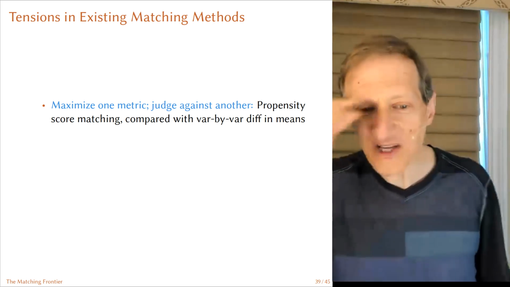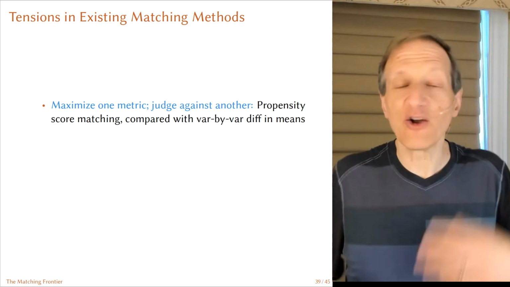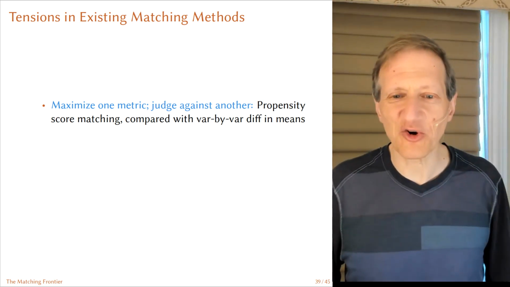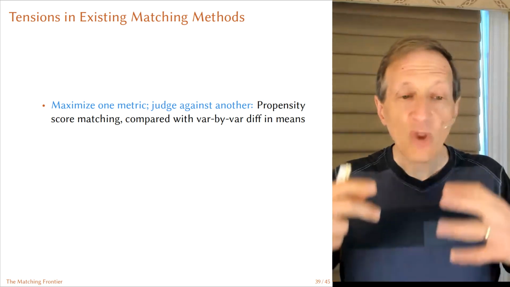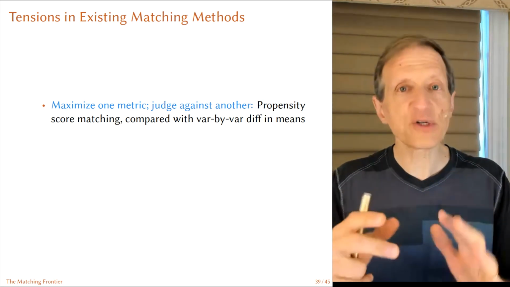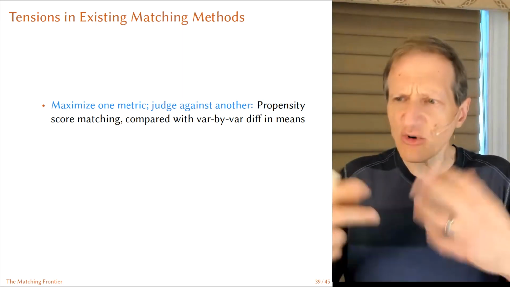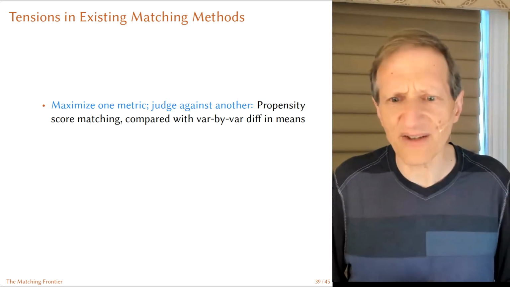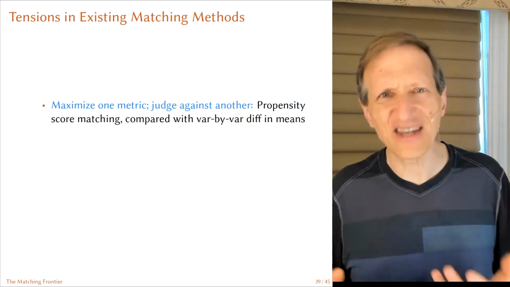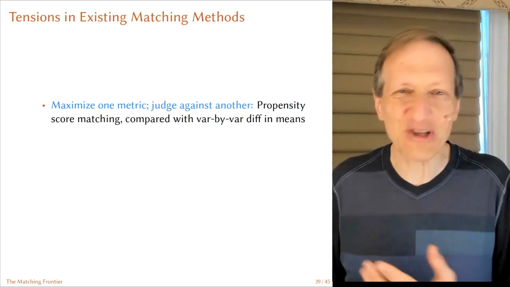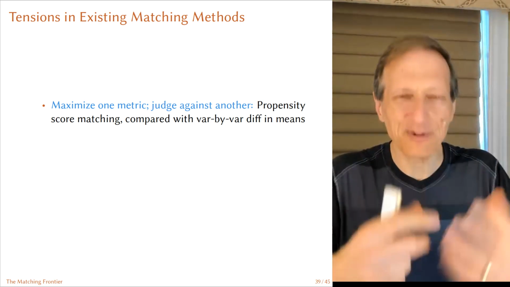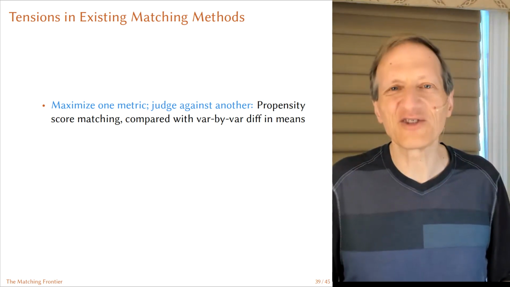So it's sort of a little crazy. In propensity score matching, even in the original articles on propensity score matching, they say, run propensity score matching. And the first thing you do when you're done with this technique designed to reduce imbalance is go check to see whether it's reduced imbalance, which is a little crazy, right? If it's supposed to reduce imbalance, why don't you just measure imbalance, optimize a way to reduce imbalance?